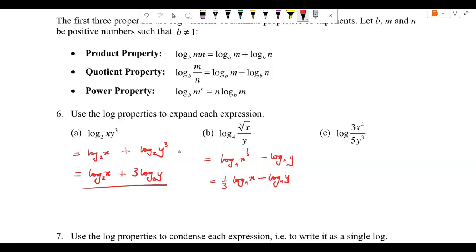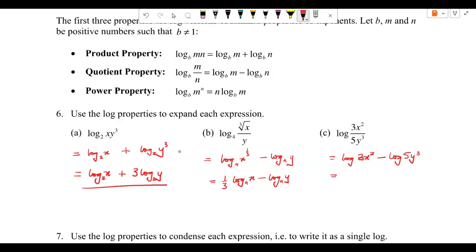Next one. This is the same quotient property. So log of 3x squared. What is the base? It's not there, so it means 10. Right, because if it's not there, it's always 10, so we don't need to write it. Quotient, minus log of 5y cubed. Can you further break this up?